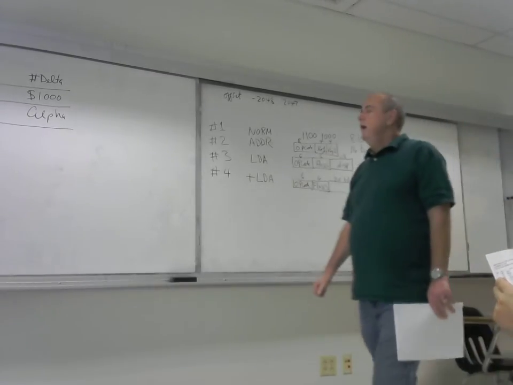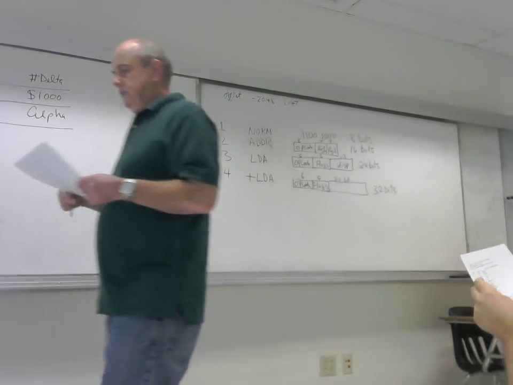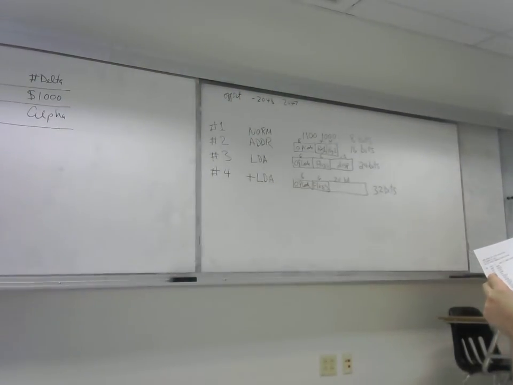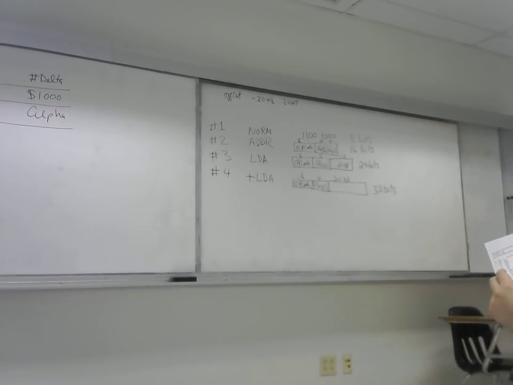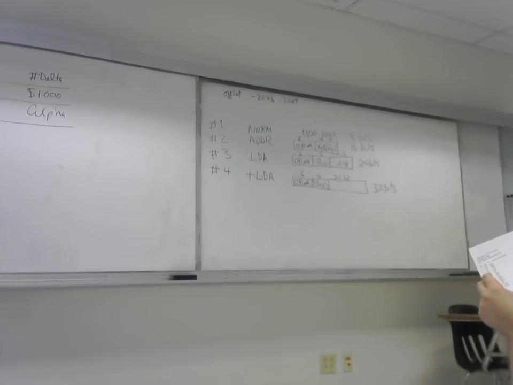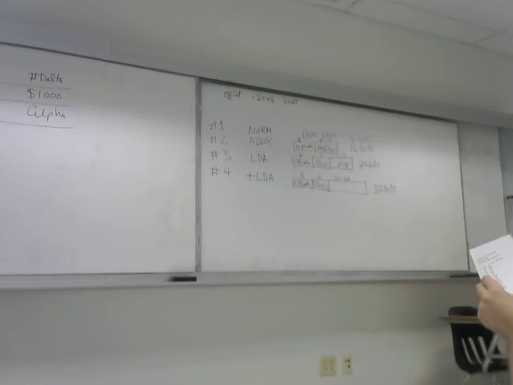As you go down here, further down, there's a plus in front of LDA. I've got a plus LDA alpha. So that one will take 4. That was format 1 through 4. What about format 0? Format 0 we're going to skip.